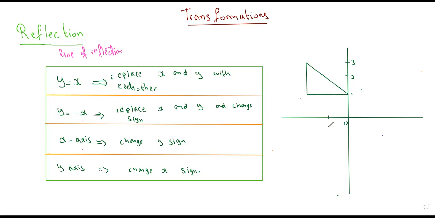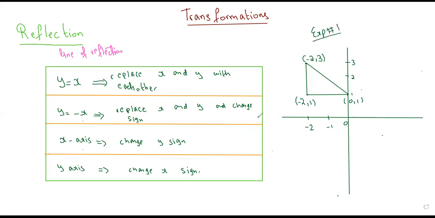Then we have -1, we have -2. Okay, this point is -2 and 3. Then this point is -2 and 1, and this point has the coordinates 0 and 1. Okay, this is example number 1. Please pay attention, all of you.